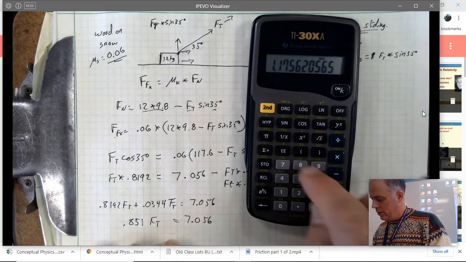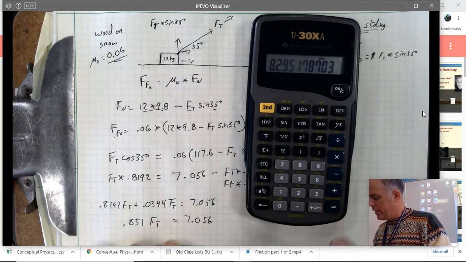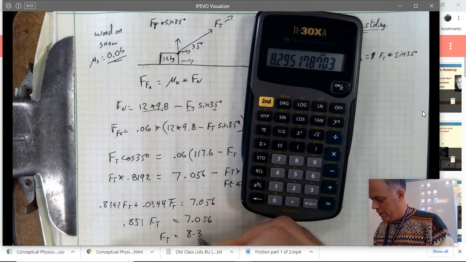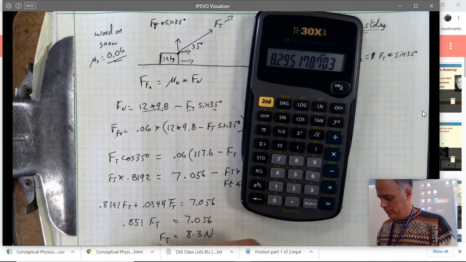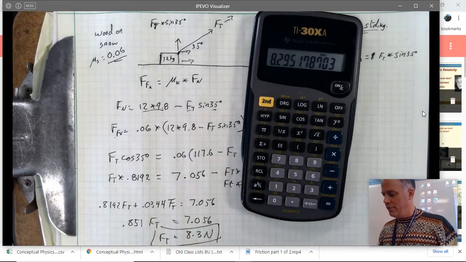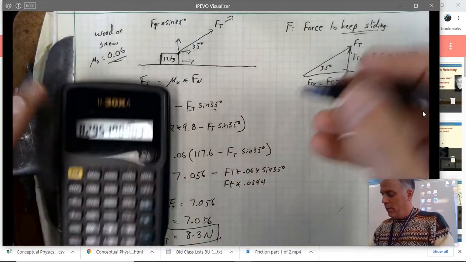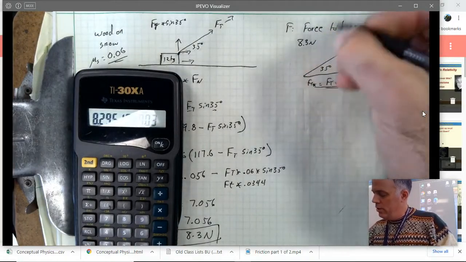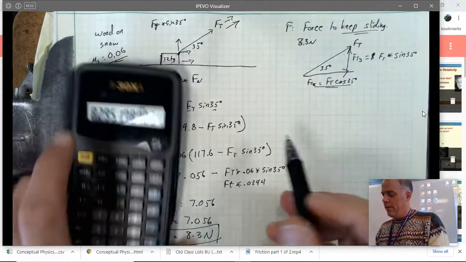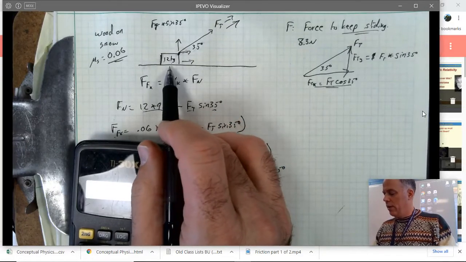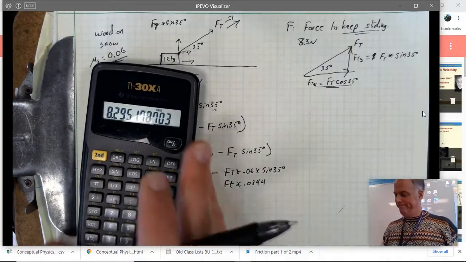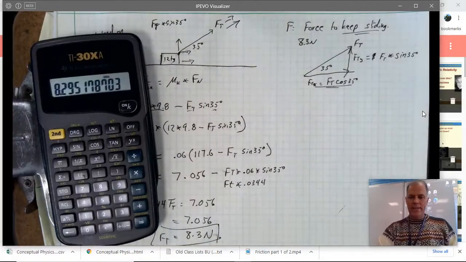Divide that into 7.056 and we get Ft is equal to 8.3 newtons. Isn't that awesome? So we figured out that we have to have 8.3 newtons of force pulling up this way to keep 12 kilograms of wood sliding horizontally across snow. Alrighty, that's that.